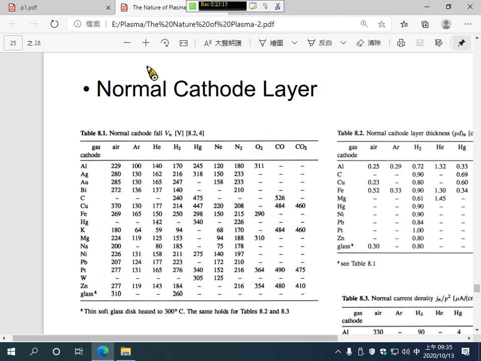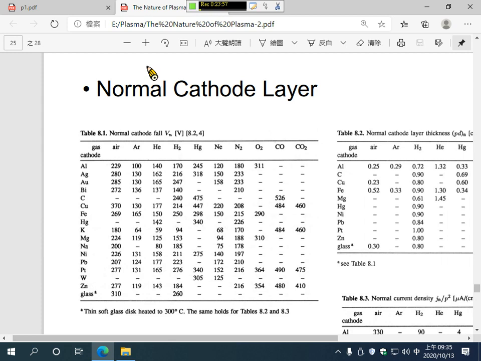If you pick a cathode material, for example silver, you can check the cathode fall for different gases. Right here, for the helium plasma, it requires a cathode fall of 162 volts. For neon, it requires 150 volts. And for argon, 130.